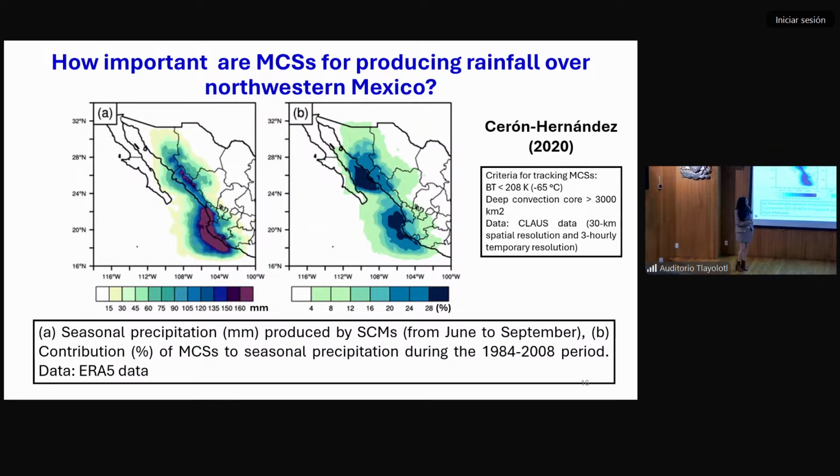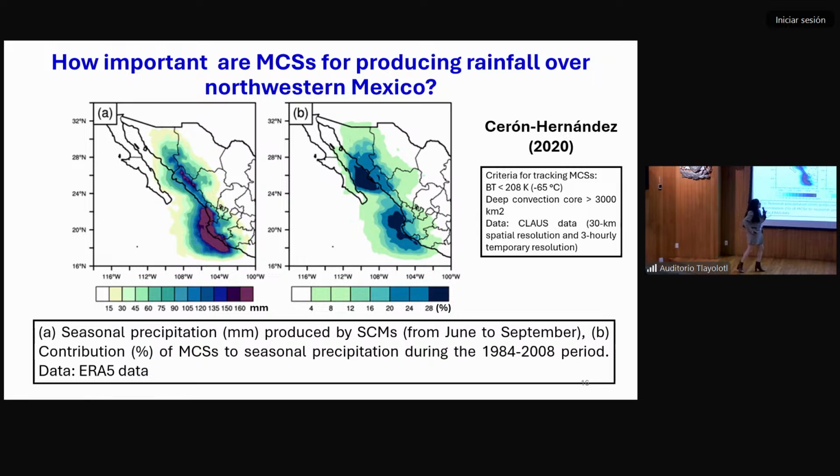The thesis that I'm presenting here today is about how important mesoscale convective systems are for producing rainfall over northwestern Mexico.